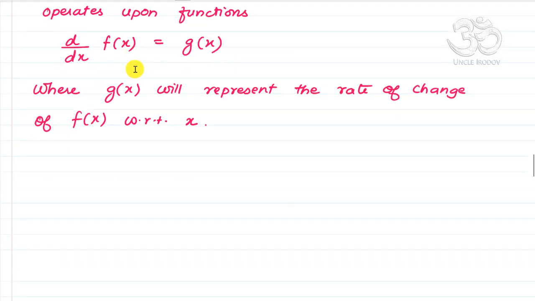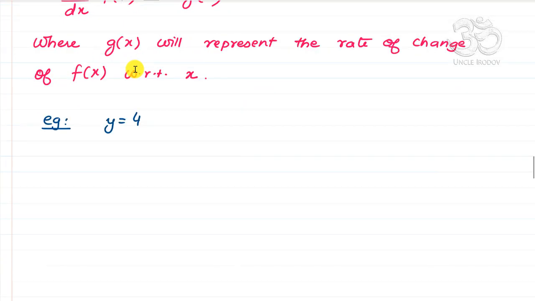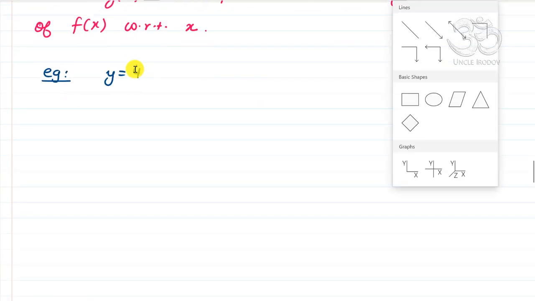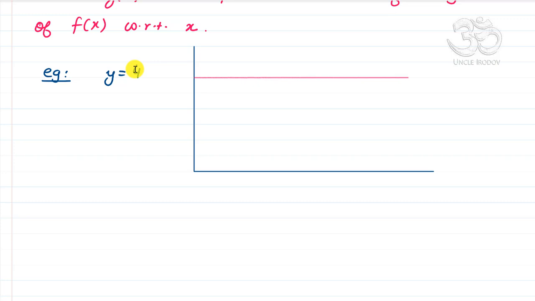So as a very simple example, suppose I give you a function, y is equal to 4. First of all, is this a function? No, why not? Yeah, but we can still say that it's a function, and it's a constant function, right?